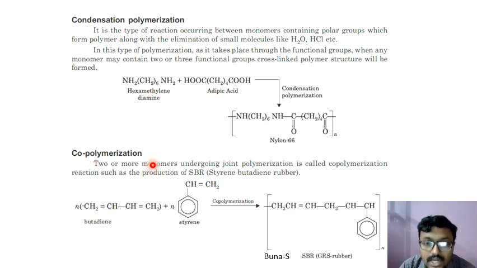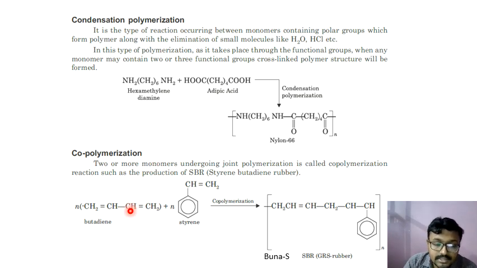There is one more type of polymerization reaction which is called copolymerization, where two different types of monomer unit are involved. But this is not condensation. This is a type of addition polymerization. Why? Because we can see here monomer units are attached without elimination of small molecules like water, ethanol, methanol, HCl.